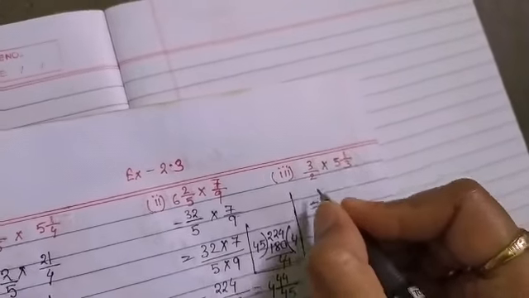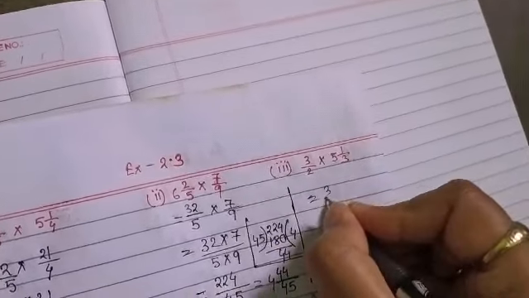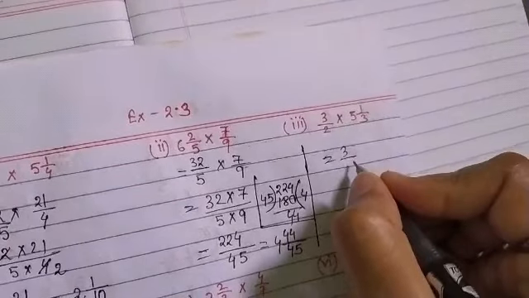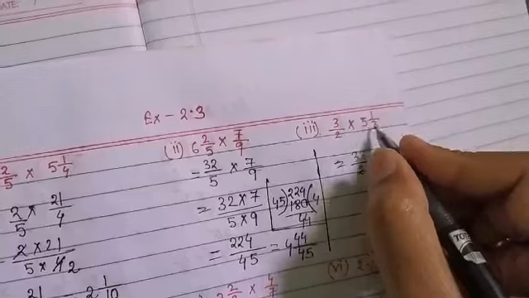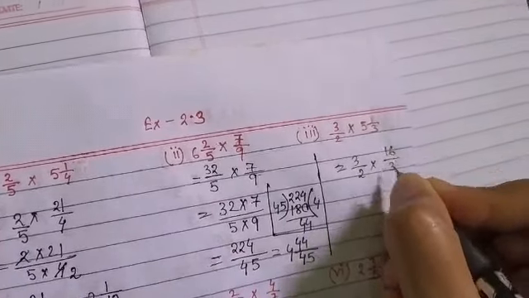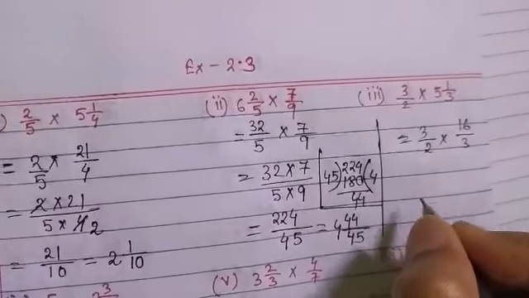Then number 3. Three by 2 into 5 3s are 15 plus 1, that means 16.